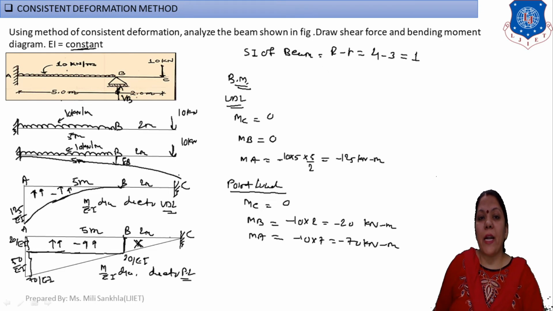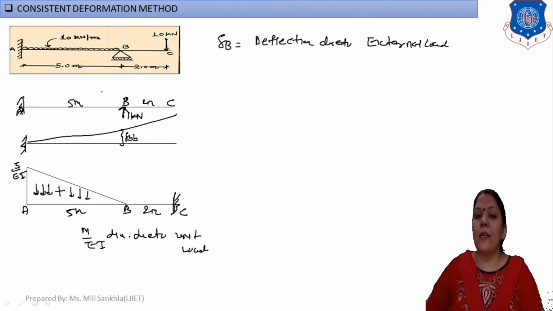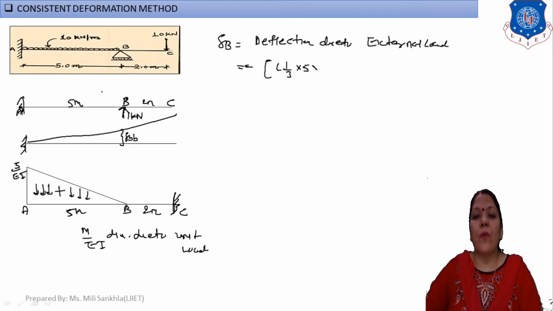Now one by one we write the steps. First we write steps for our UDL load. For this UDL load, first of all make a minus sign, and area is 1/3 into 5 into 125 by EI, and CG from our B point is 3/4 of 5.